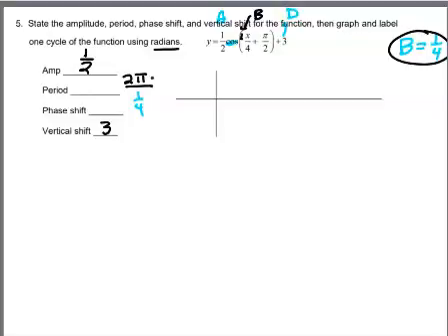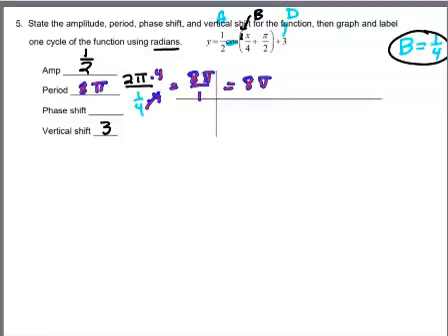Well, probably the easiest way is to multiply the top and bottom by 4, because then on top I get 8 pi, and on bottom that just cancels out. So it becomes 8 pi over 1. This is 8 pi.